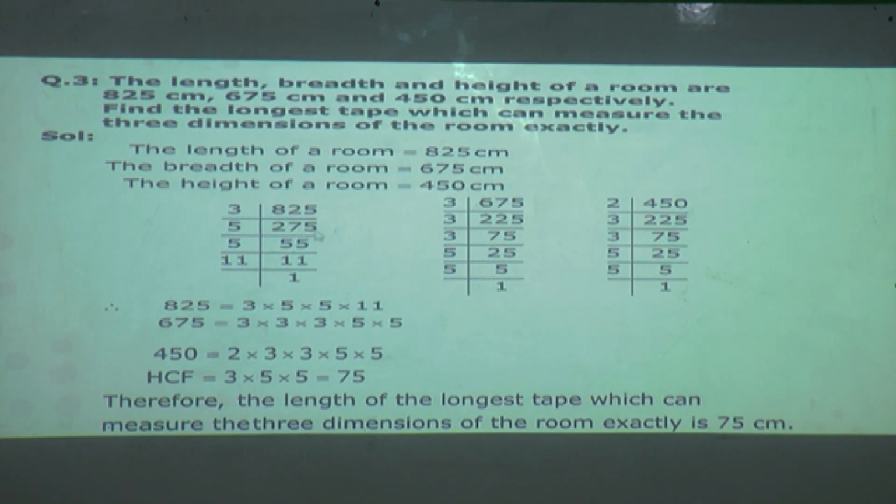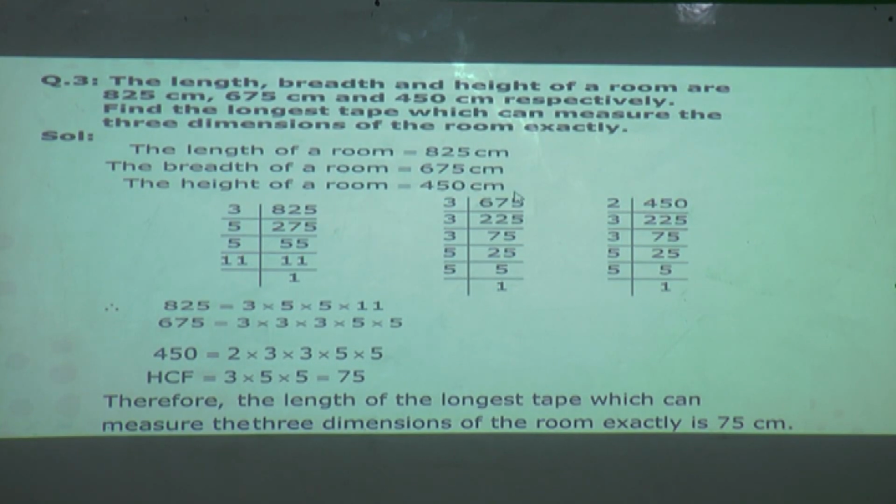Now as we have 5 in the ones place, let us divide it by 5. 5 5s are 25, so 27 minus 25 is 2. 2 5 becomes 25, 5 5s are 25. 55 is divisible by 5. 5 11s are 55 and again 11 ones are 11.